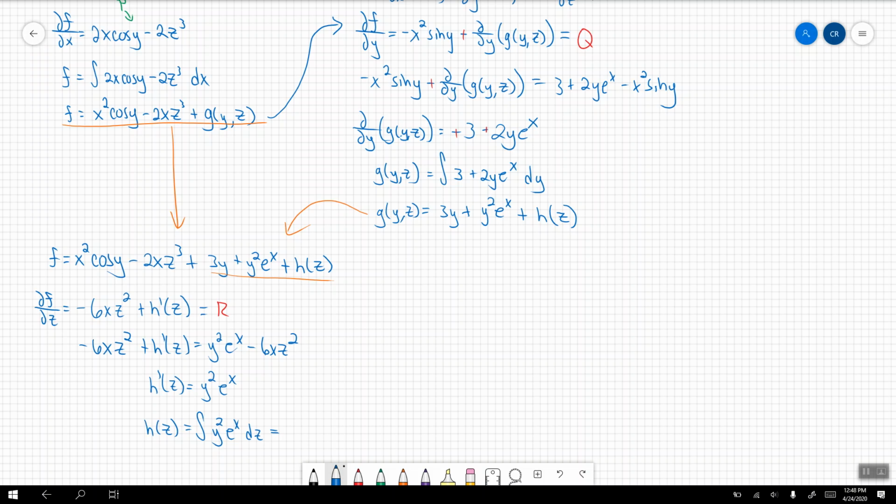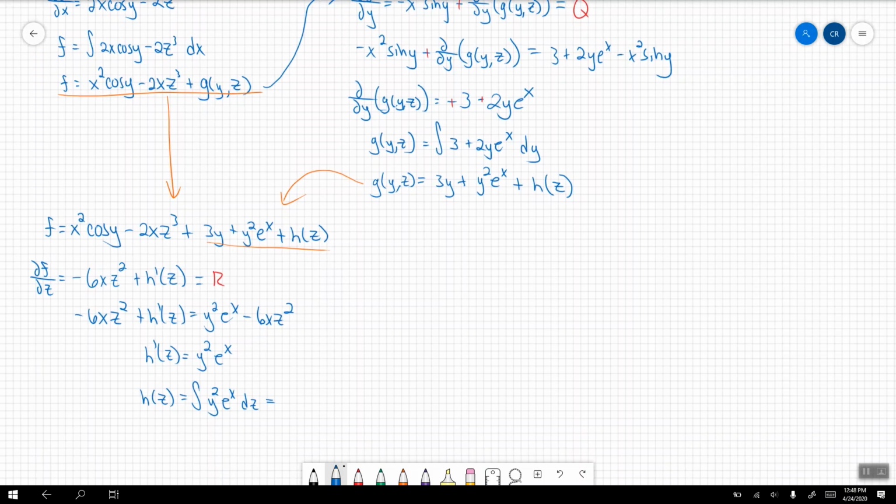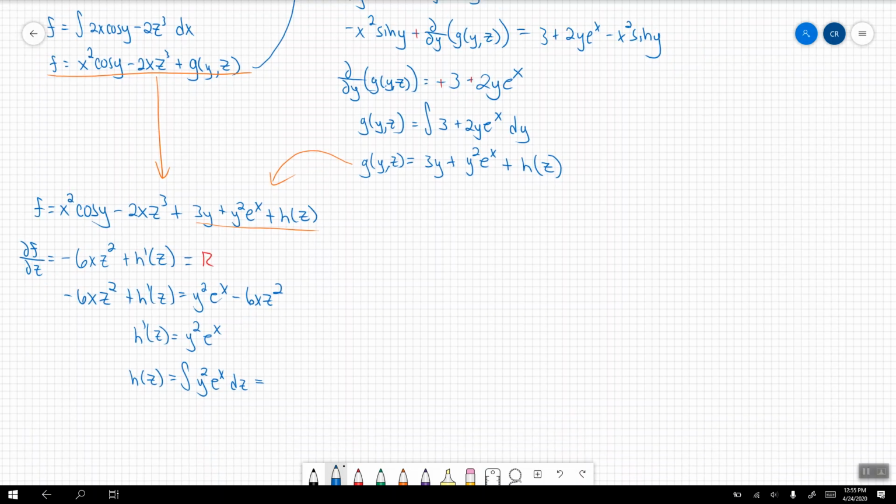When we get this, this is going to have some sort of z component that we have to be looking at. So here we go. This should get us z times y squared e to the x. And then at this point we should naturally just get some sort of constant.